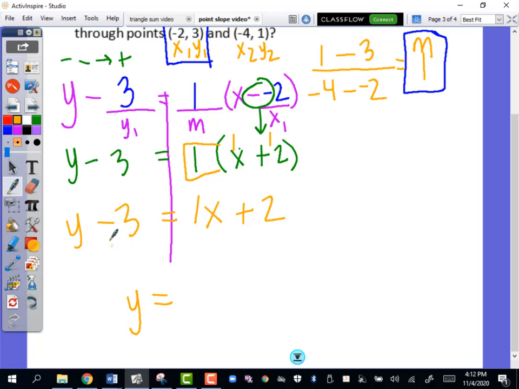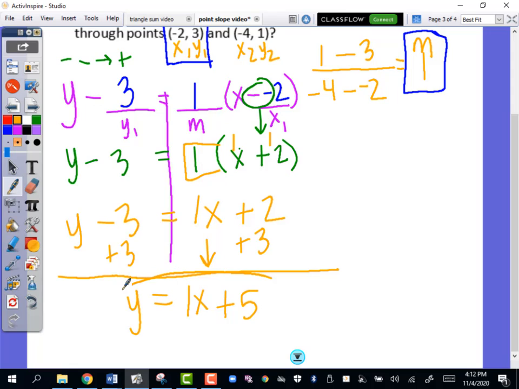So I need to move the 3. I need to do the opposite. So +3 plus 3. I'm doing it with my regular number, not the x. I drop down that 1x. And I have +2 plus 3 is +5. And this is my answer.